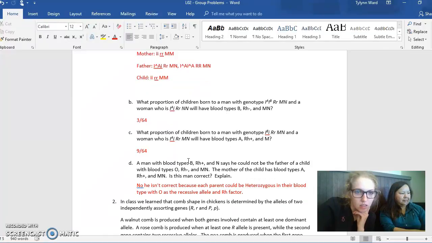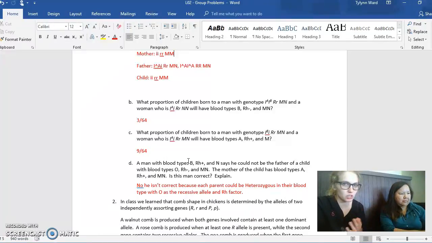And then it says, what proportion of children born to a man with the genotype IA, IB, heterozygous R, MN, and a woman who is IA, IB, heterozygous R, MM, will have a certain blood type.